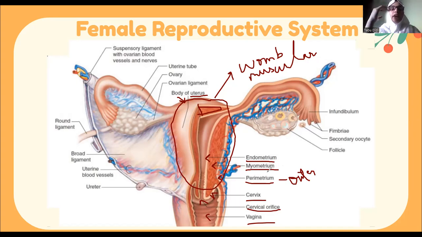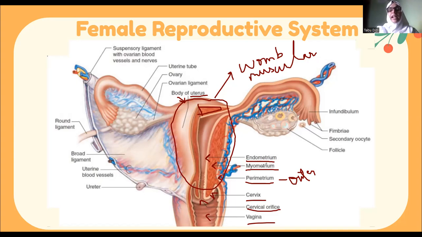At the time of delivery, there are labor pains, you might be aware of this terminology. This is the myometrium. It is the muscles of the myometrium which contract and relax. This contraction and relaxation brings about a pressure on the baby when the baby is ready to be delivered outside the uterus. The muscles of the myometrium act under the influence of certain hormones, which we will see as we move forward in the chapter.